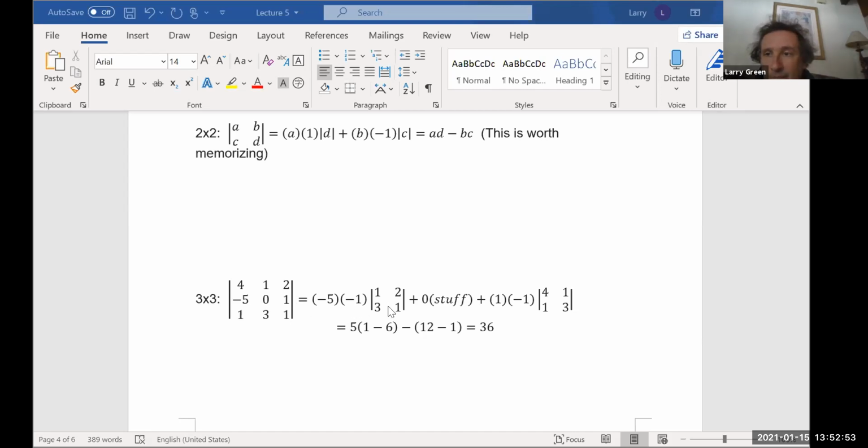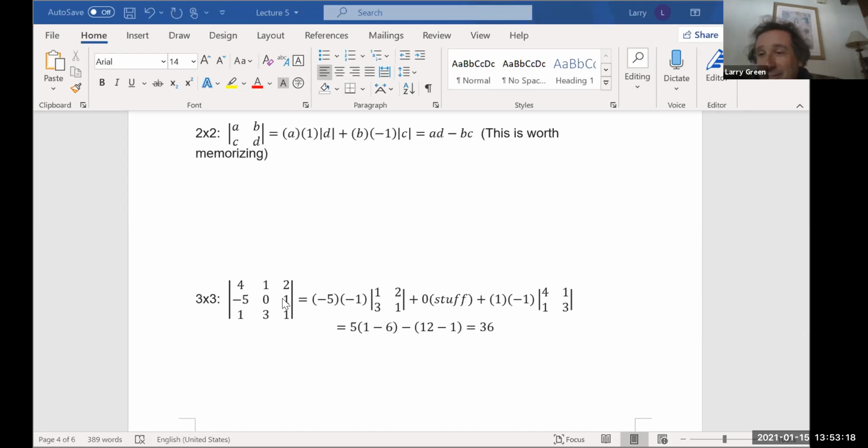Does that make sense? Okay. So for the next one, I don't even care because it's 0 times stuff. And I'm not going to spend my time finding the stuff because don't you agree? It's totally wasting your time when you don't need to. On the other hand, for the third element of that row, it's a 1.